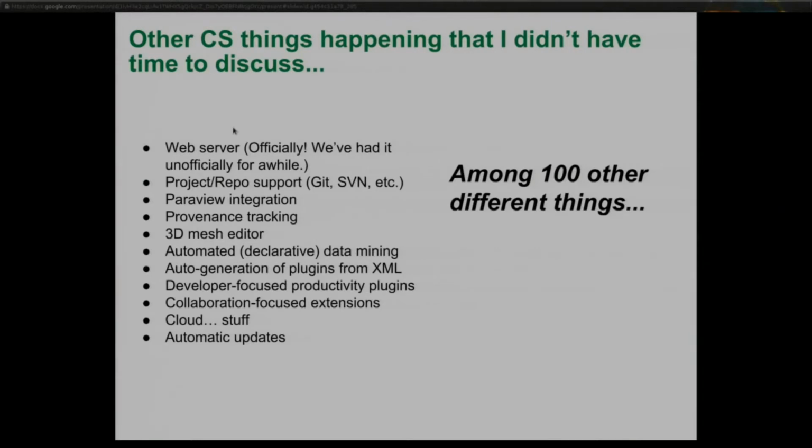Everything in cloud should be classified as stuff because we don't know how it works, but we are doing some stuff with the cloud. And automatic updates. If someone does download the rich client, I don't want them to have to go download another version. We have the stuff in place to do automatic updates, and that is happening soon. And there are about 100 different other things happening. This was all I could come up with during a meeting this morning.